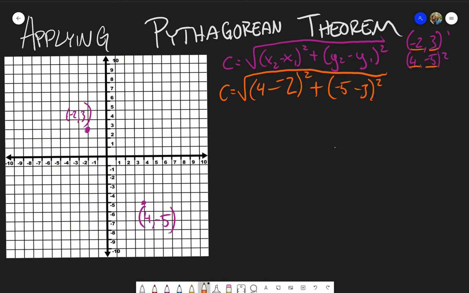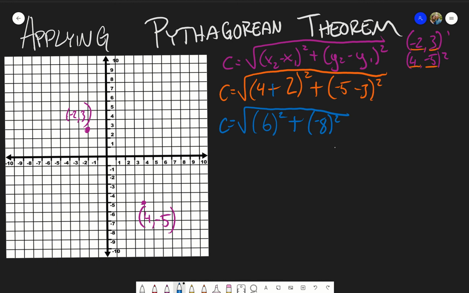All right, now let's solve this math. C equals the square root of 4 minus negative 2. Minus negative is the same thing as positive. 4 plus 2 is 6 squared, plus negative 5 minus 3 is negative 8 squared.